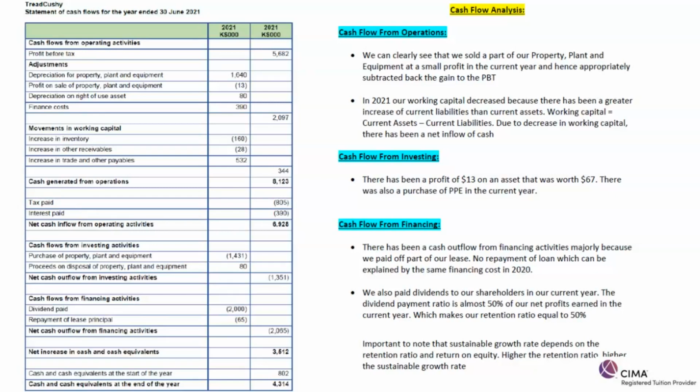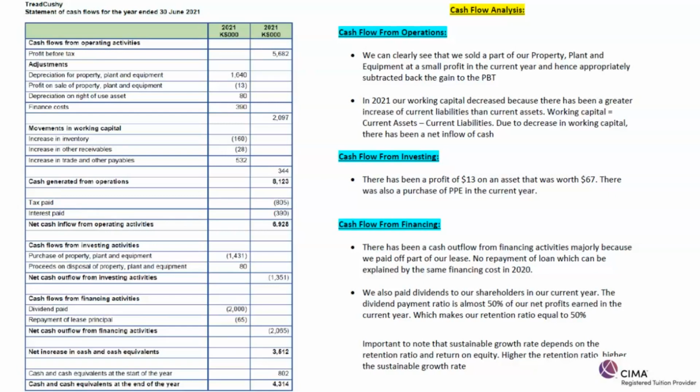Due to decrease in the working capital, there has been a net inflow of cash. So you get 344 as your balancing figure, and your cash generated from operations total comes up to be 8123. Very clear. We move on to the next part, which is cash flow from investing activities.